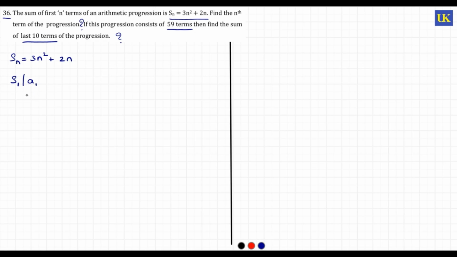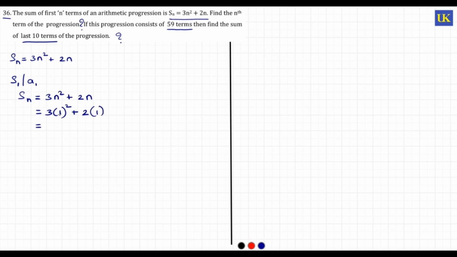So we'll take this equation Sn is equal to 3n square plus 2n, and we will put the first term. We are going to find out the sum of the first term, therefore I have taken the value of n as 1: 1 square as it is, plus 2 into 1.